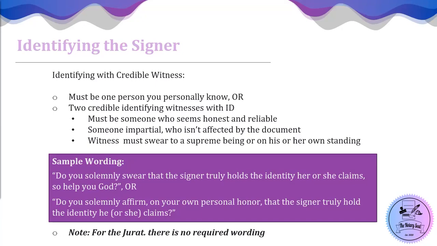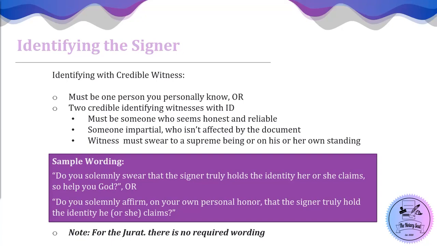Okay. So as we talked about previously, if you're using a credible witness, it can be one person that you personally know, okay? So if you personally know that individual, that will serve as the identification for the signer, okay?